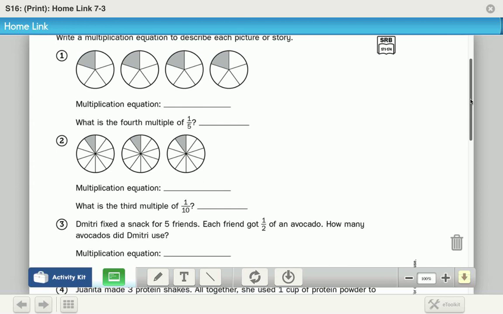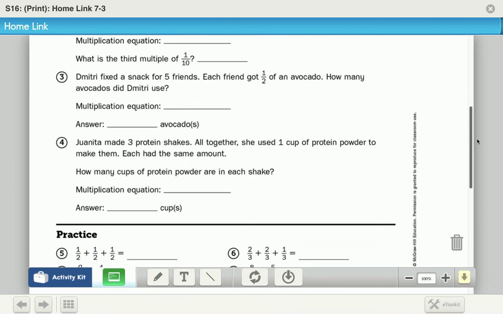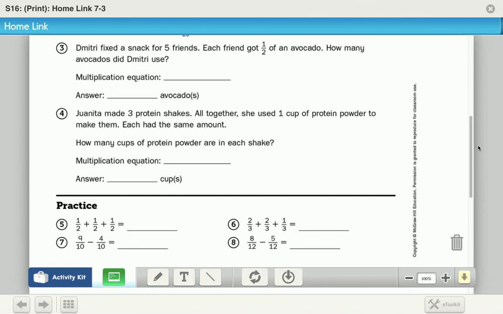Okay. So you can either choose to do number 1 or number 2. You don't have to do both of those. Number 3, Dimitri fixed a snack for 5 friends. Each friend got 1/2 of an avocado. How many avocados did Dimitri use? So again, you're going to write the multiplication equation and then the answer, how many avocados? Juanita made 3 protein shakes. Altogether, she used 1 cup of protein powder to make them.